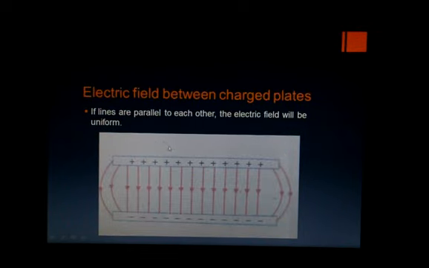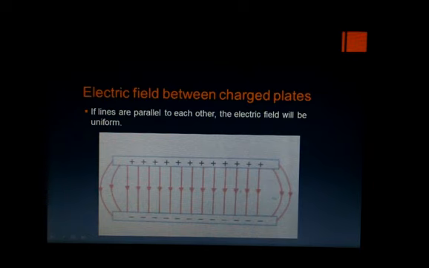Now we come to this figure. It is showing two infinitely large parallel plates separated by a very small distance, say this distance is r. You can see that we have used the word infinite length, meaning these could be extended.